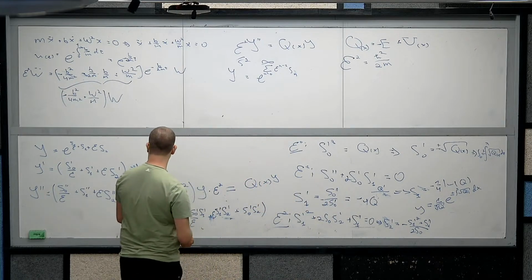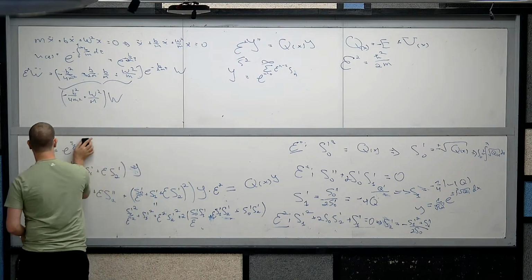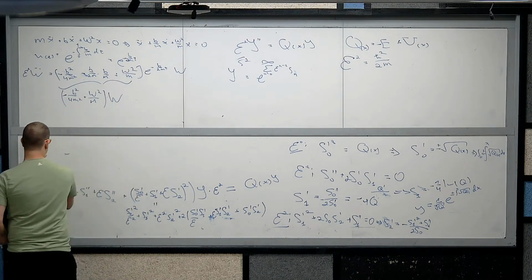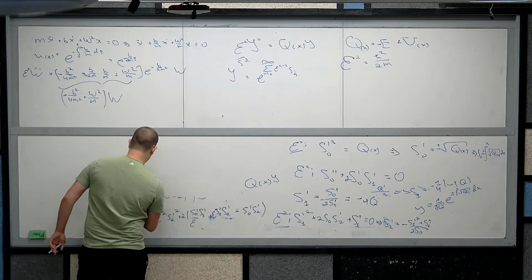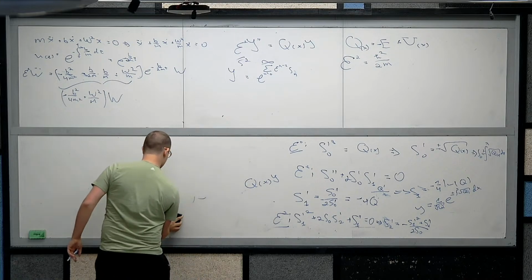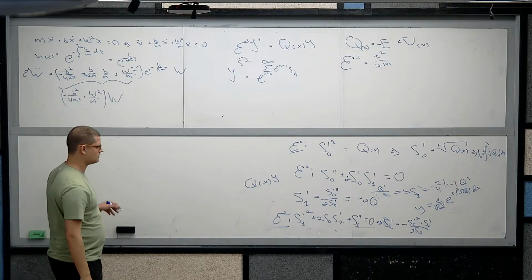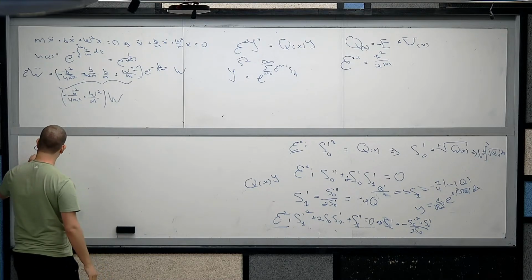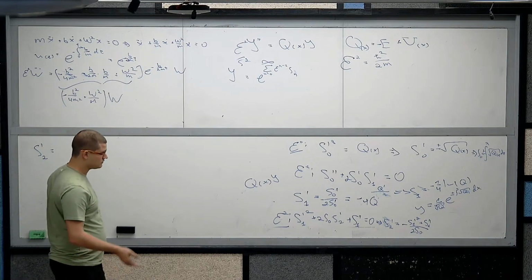So let's just, I will erase this thing because it's not helping me anymore. I see that no one is writing, so it doesn't matter. So it's actually very easy, right?